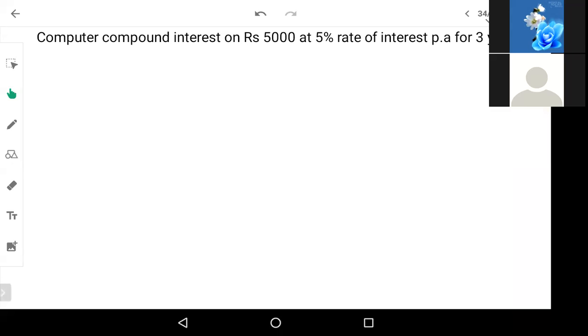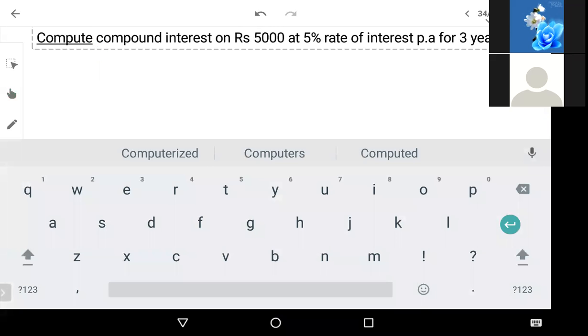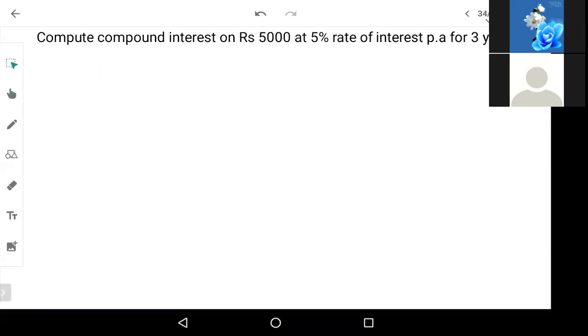Now the first problem: compute compound interest on rupees 5,000 at 5% rate of interest per annum for 3 years.